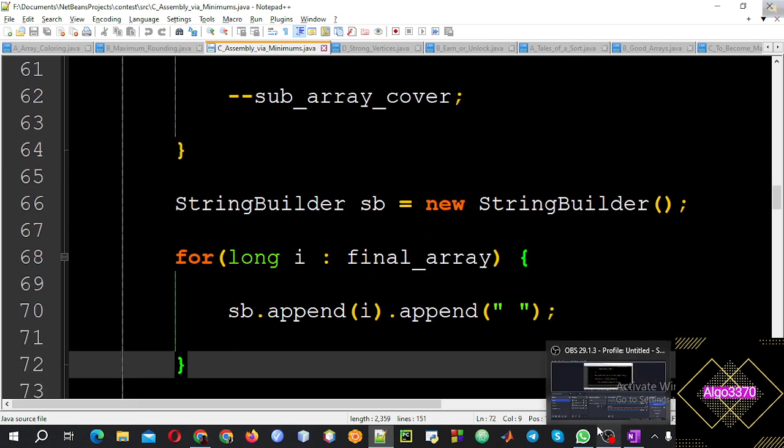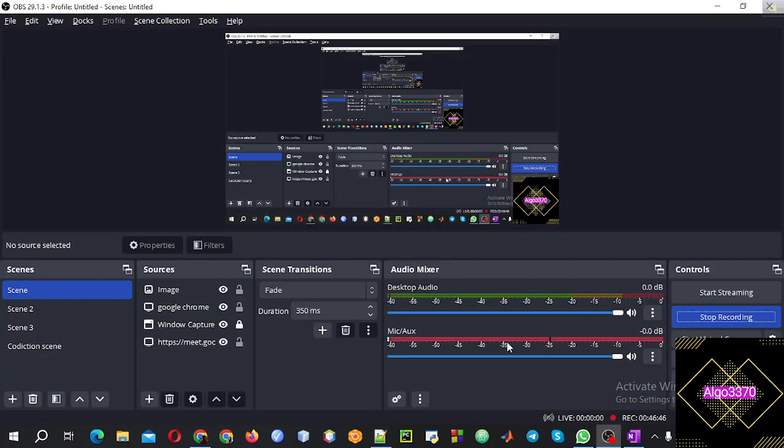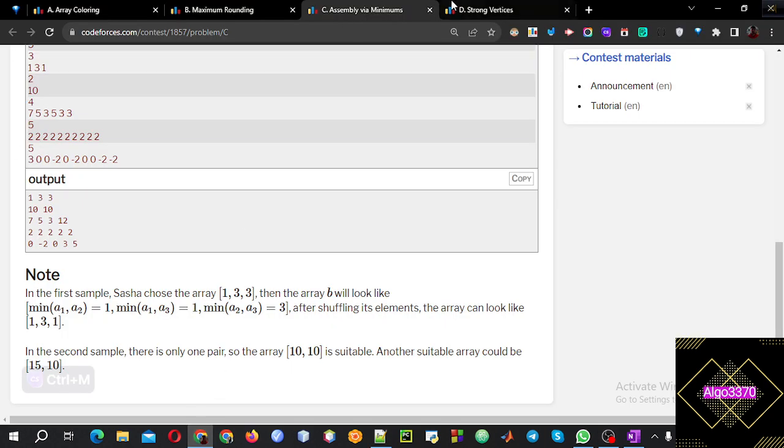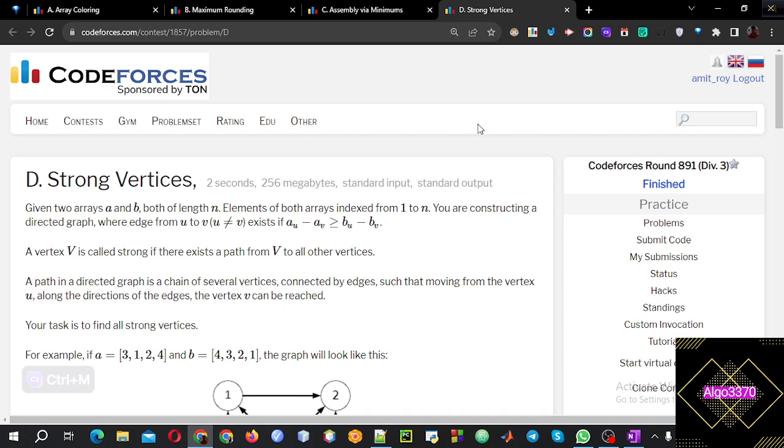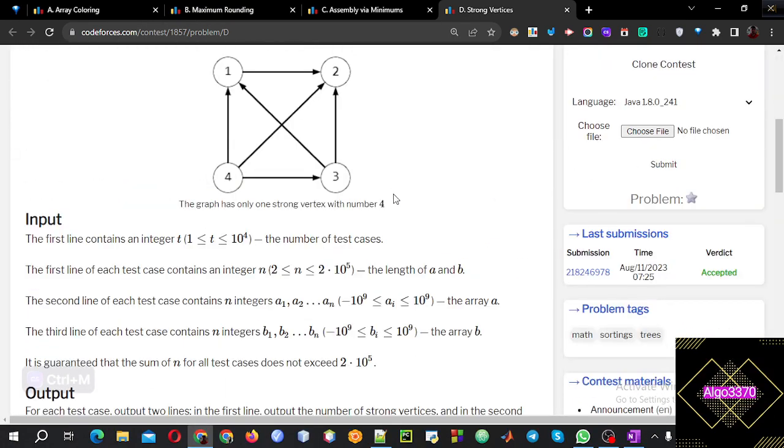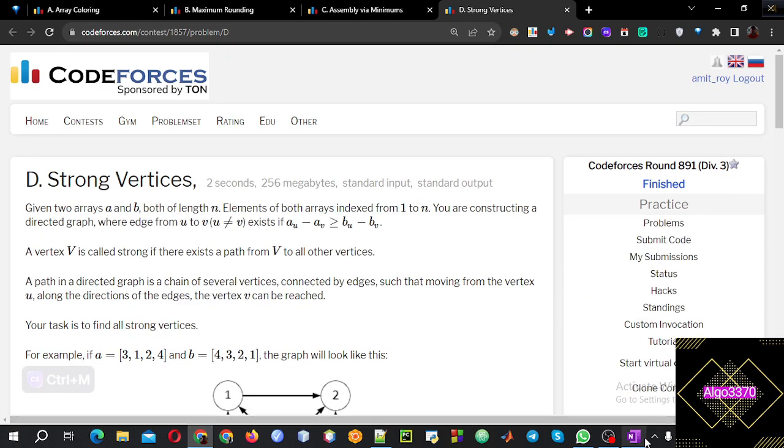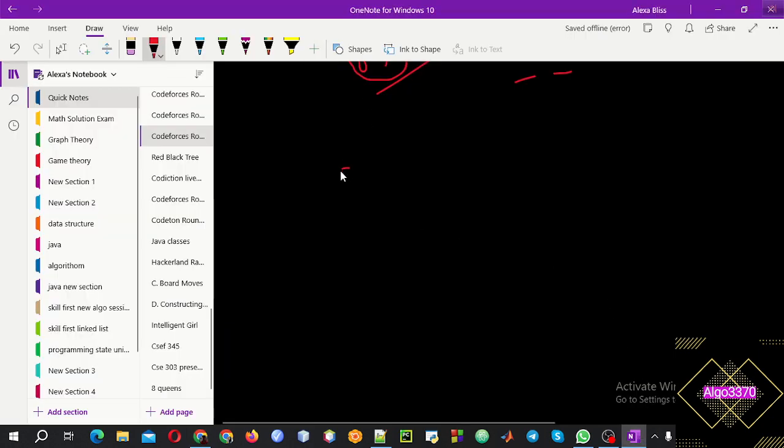This is the third problem of our latest Codeforces contest. Now let's start to discuss problem D, Strong Vertices. What is the main graph view of this problem? We have 2 arrays A and B of length n.